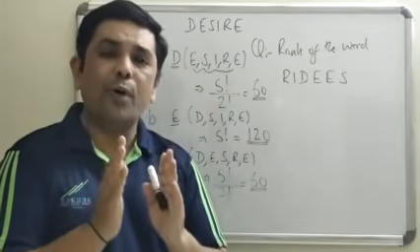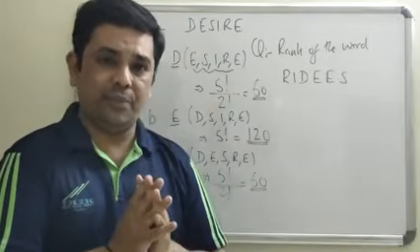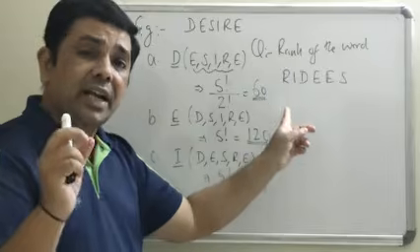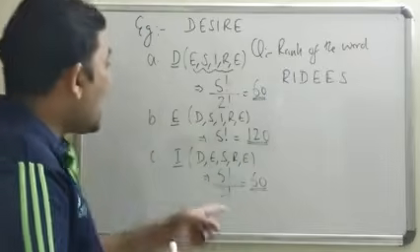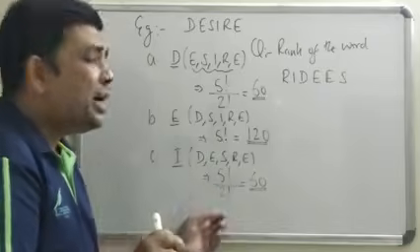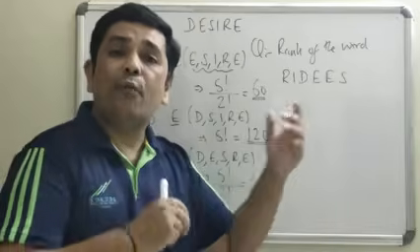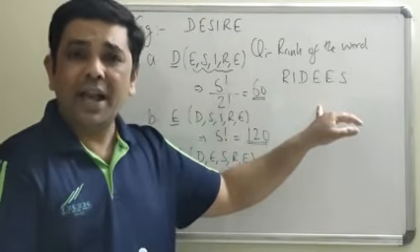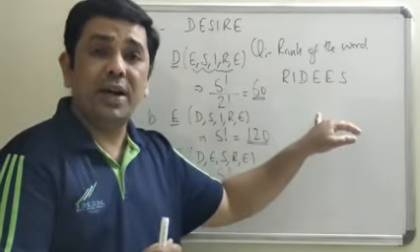Now a very important point to be understood. If I count the number of words starting with R, the way I have done for D, E and I, please appreciate this word will be somewhere in between. And if this word is somewhere in between, how can I find out the rank of this word?